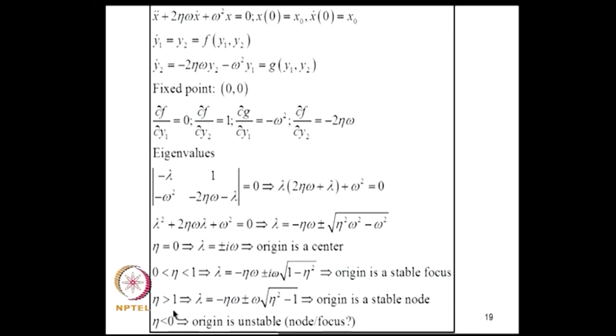If eta is greater than 1, both roots will be negative, and we say that the origin is a stable node. If eta is less than 0, I leave it as an exercise, the origin is unstable. For a negatively damped system, the origin will be unstable, and you can verify for what range of eta this would be a saddle and a node or a focus.